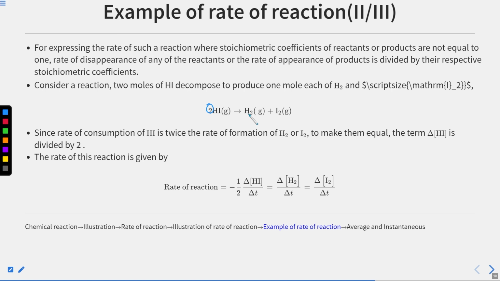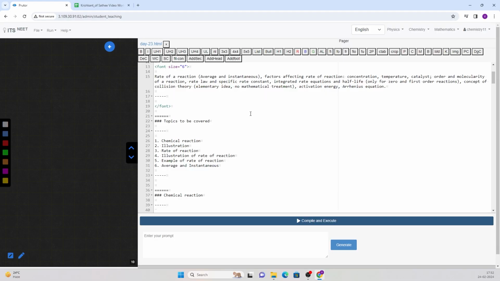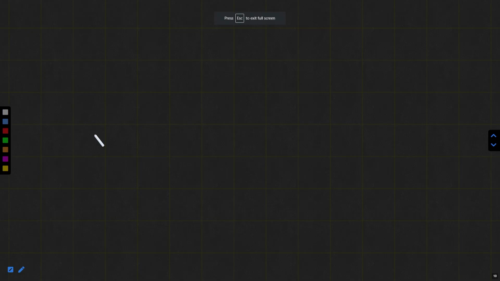So first you have to understand what is this rate of appearance. I've mentioned this earlier also. So if I write it more appropriately, rate of appearance of product for these reactions.